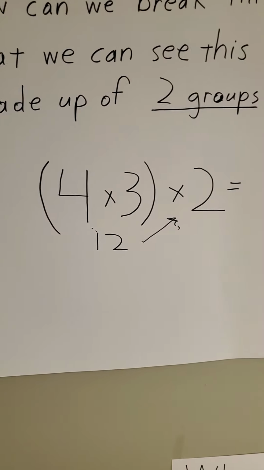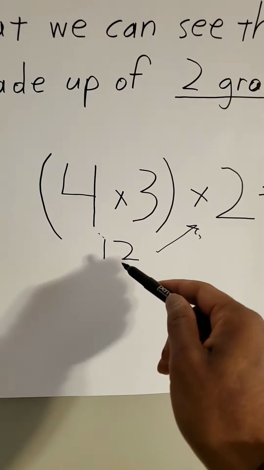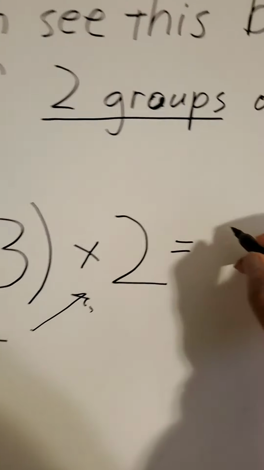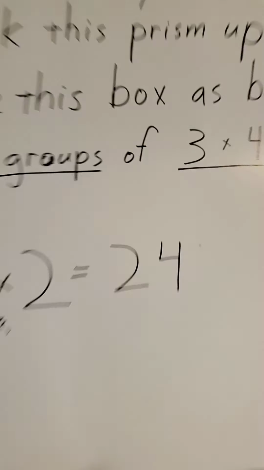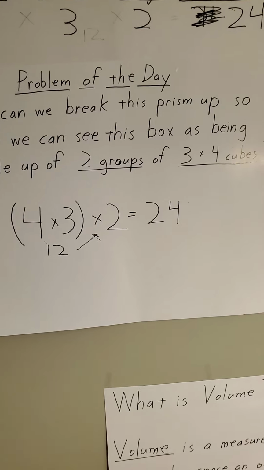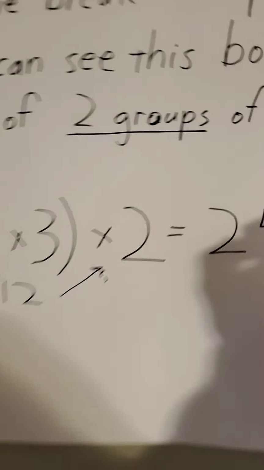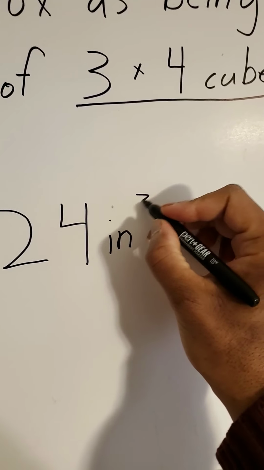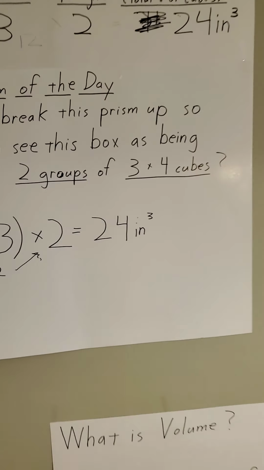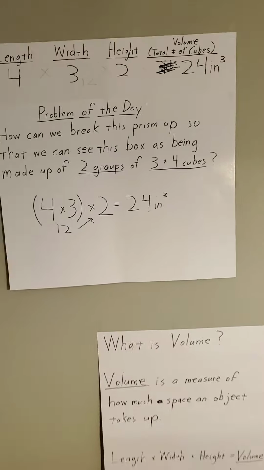What's 12 times 2? 12 times 2 equals 24. 24 what? Since we're measuring the volume, 24 cubic inches. Put the 3 behind it to let us know that this is cubic inches. So this is the equation for this.